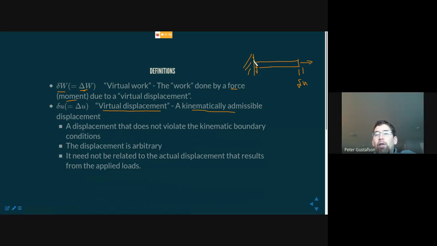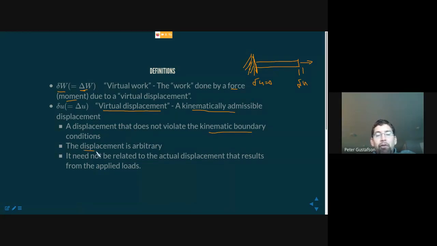However, at this end, we know that this end is constrained, so we can't have any virtual displacement that's non-zero occur there, because that would violate a boundary condition. So here at the left side, delta U is going to be equal to 0. Basically, we cannot imagine a virtual displacement field occurring there. We can at the right-hand side. So that's what I mean by a virtual displacement and a kinematic boundary condition.